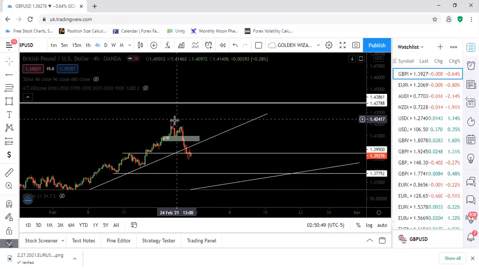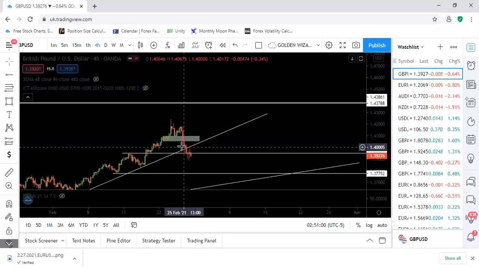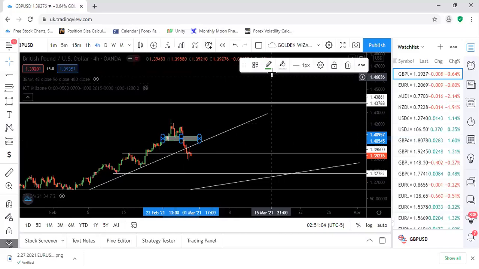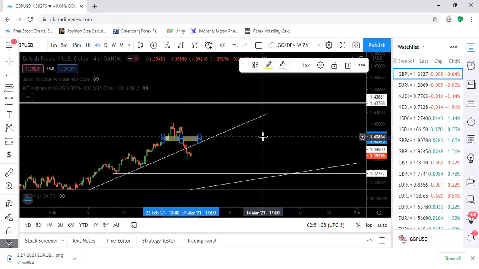They bought up into the high, came back, and created a break of market structure. So how I determine this is once we close below on the 4-hour chart, this previous bullish order block is now a breaker block.